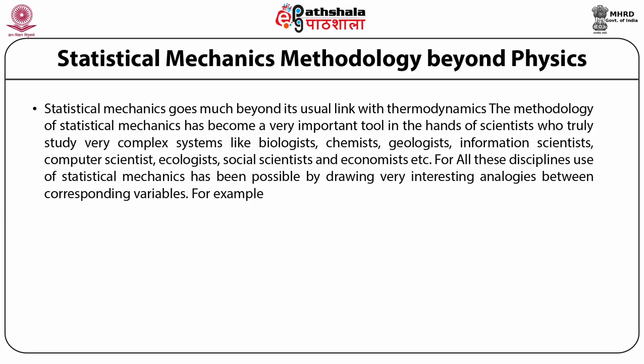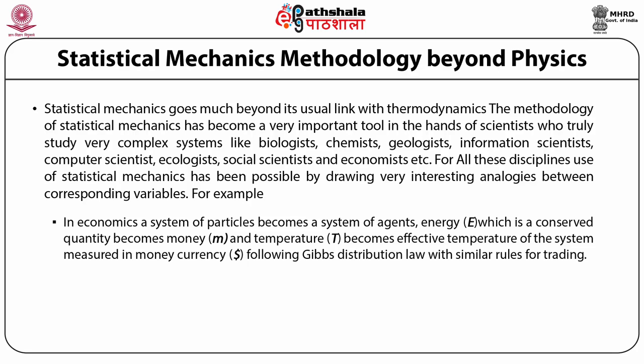For example, in economics, a system of particles becomes a system of agents. Energy E, which is a conserved quantity, becomes money M, and temperature T becomes effective temperature of the system measured in money currency, that is dollars, following Gibbs distribution law with similar rules for trading.